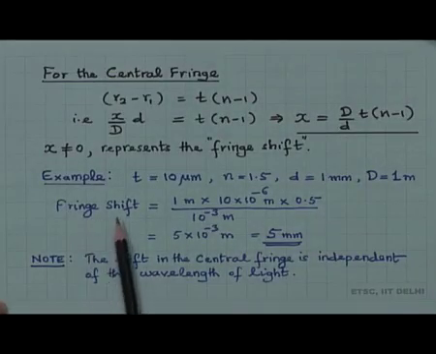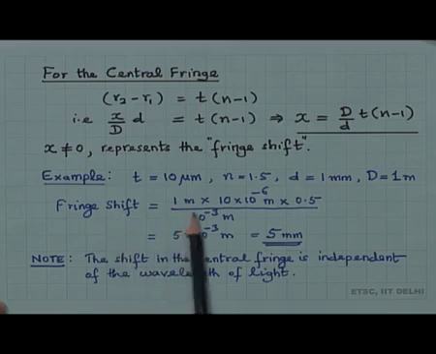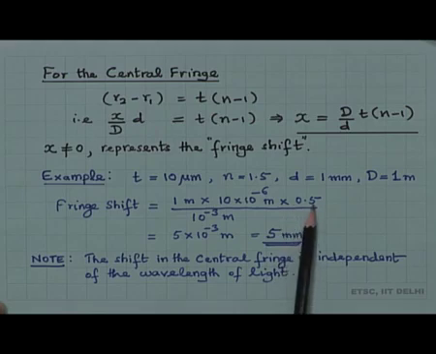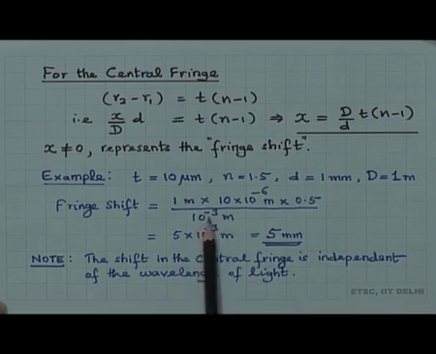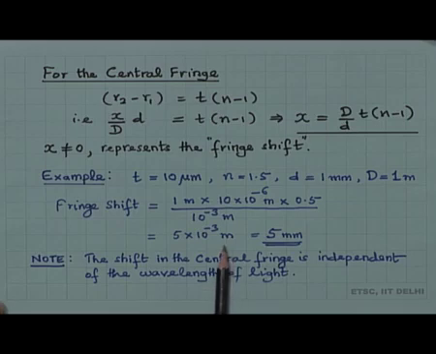So if we calculate the fringe shift, we get 1 meter into 10 micrometer into (1.5 minus 1), which is 0.5, divided by d, 1 millimeter, which is 10 power minus 3 meter. That comes out to be 5 into 10 power minus 3 meters, or 5 millimeter.